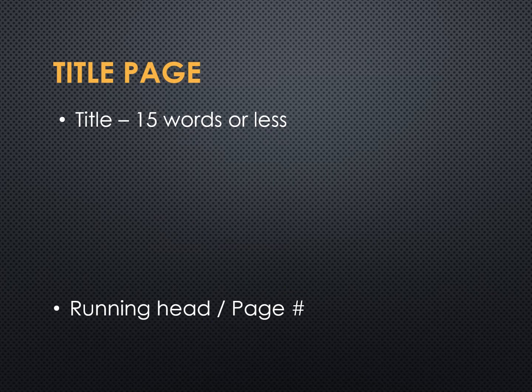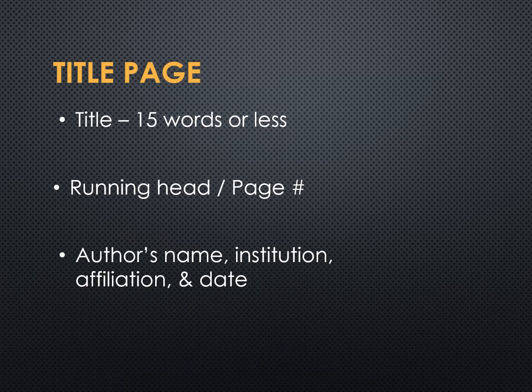So for the title page, you want to have a title that is 15 words or less. You want to have a running head in the header flush left with a shortened version of your title, and in that same header you're actually going to have the page number flush right, and for the title page it's always going to be page number 1. You never want to have your last name in the header within the title page or any of the subsequent pages.